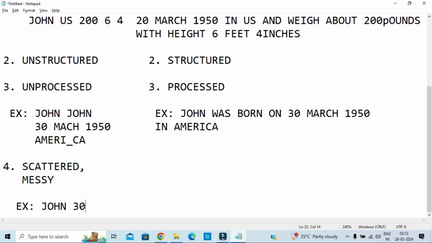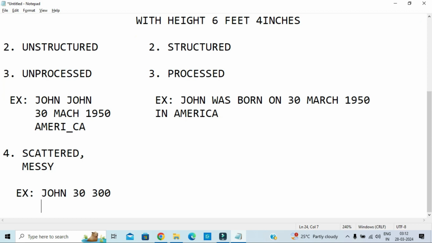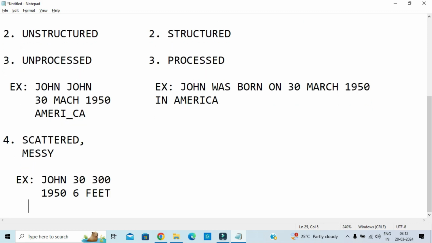John, 30, 300, 1950, 6, feet, March. So it is scattered and messy. This word is called scattered and messy.